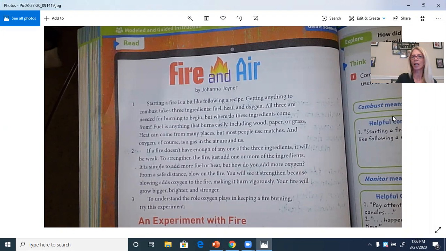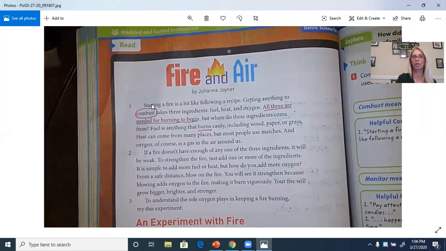So we're going to look at 3 different things. We're going to circle combust, and then we're going to underline all 3 are needed for burning to begin and burns. These are 2 context clues that will help us in getting the meaning of the word combust out of the sentences.